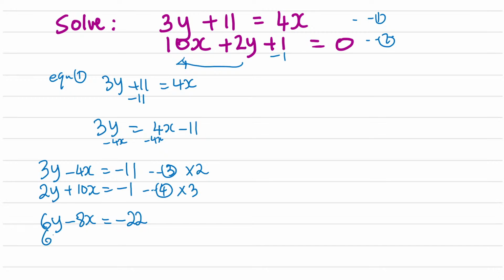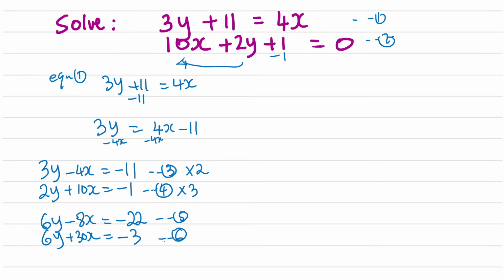So that is 6y. 10 times 3, that is going to give you plus 30x. And then equals negative 1 times 3, that is negative 3. We can call these equations 5 and 6.